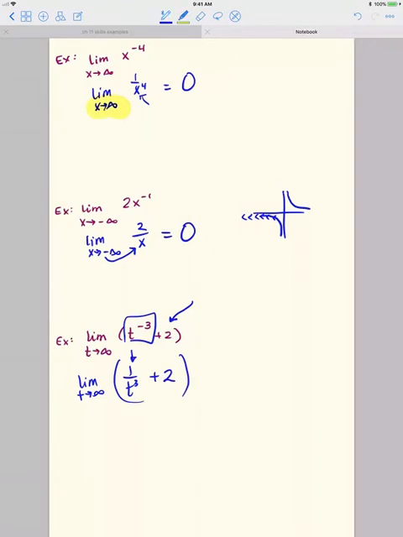But more importantly, this 1 over t cubed portion of the function, because it is another one of those 1 over a number that's just going to keep getting bigger and bigger, that portion of the function will end up going to 0 as far as a limit value. So if that 1 over t cubed quantity goes to 0, what you're left with is this value of 2. So as the t values get larger and larger, the function values will get closer and closer to 2 for this example.